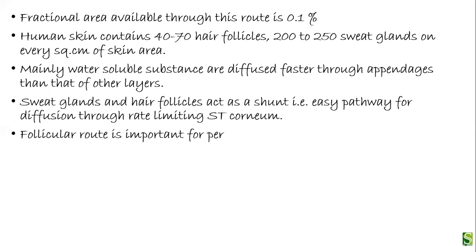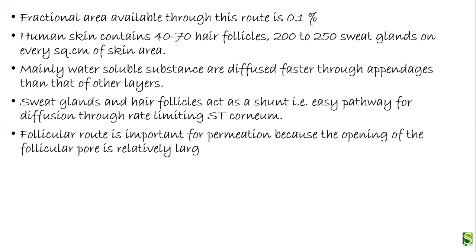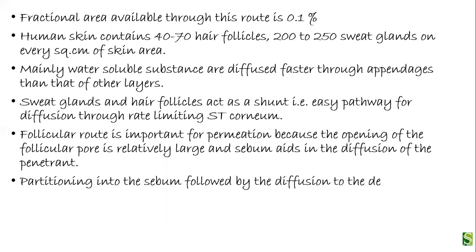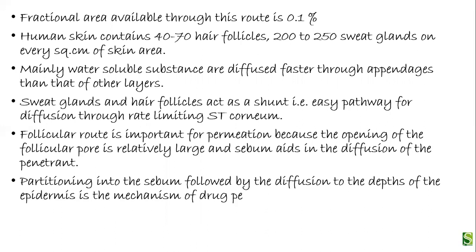The follicular route is important for permeation because the opening of the follicular pore is relatively large, and sebum aids in the diffusion of the penetrant. Partitioning into the sebum followed by diffusion to the depth of the epidermis is the mechanism of drug permeation.